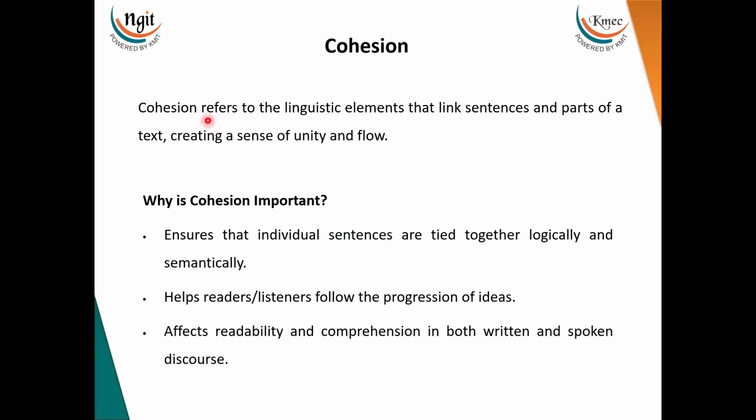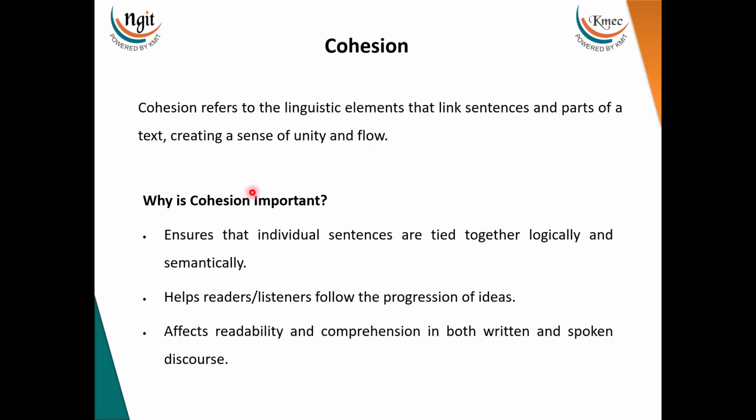The key idea behind cohesion is the surface level connectivity of the text through explicit linguistic devices. It links the sentences and parts of a text, creating a sense of unity and flow.